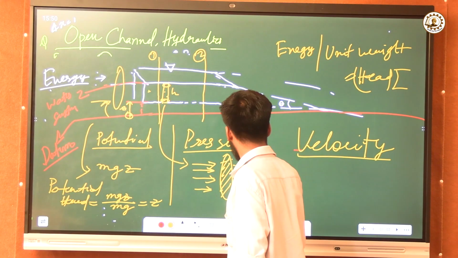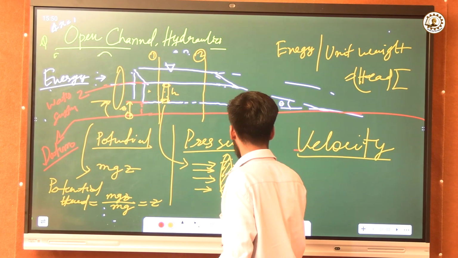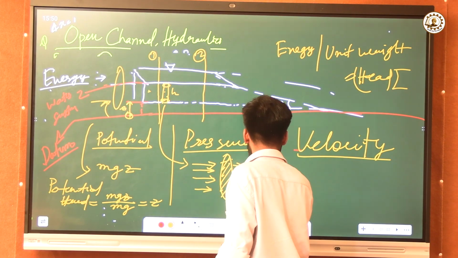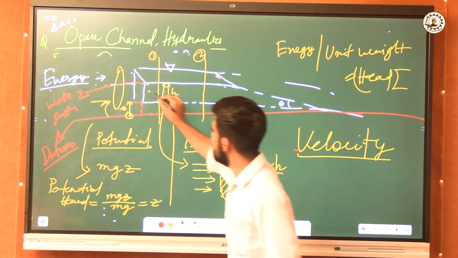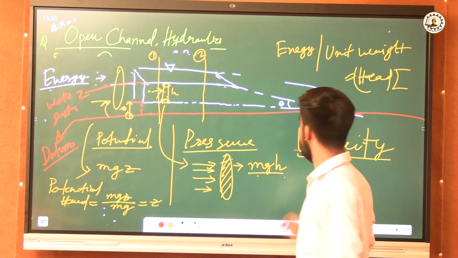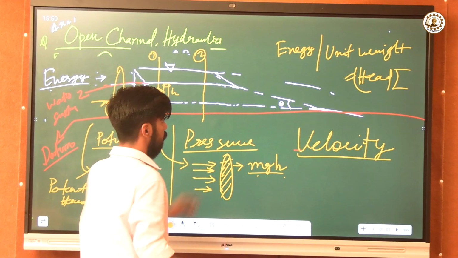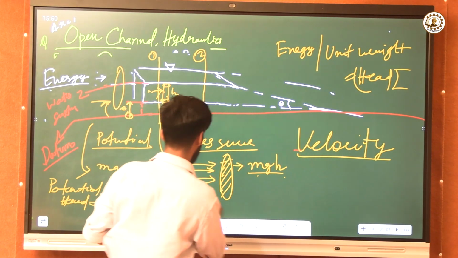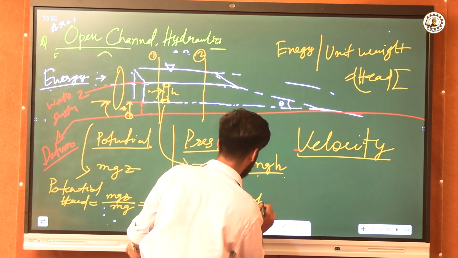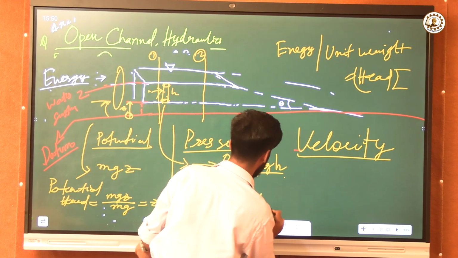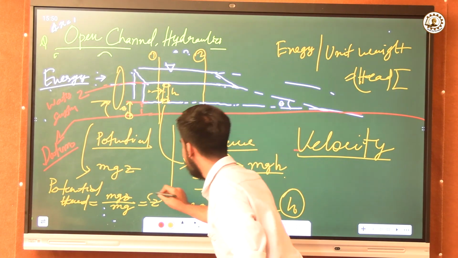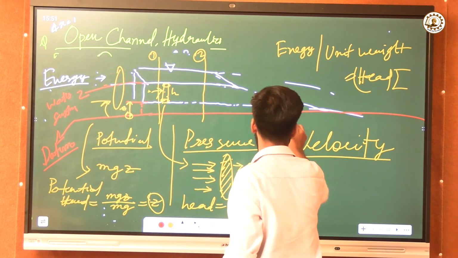Now in order to define that, how much energy it will need to lose to get in that flow, which is mgh. Now if we talk about the head here, our pressure head becomes mgh by mg, which is nothing but h. This is our potential head, this is our pressure head.